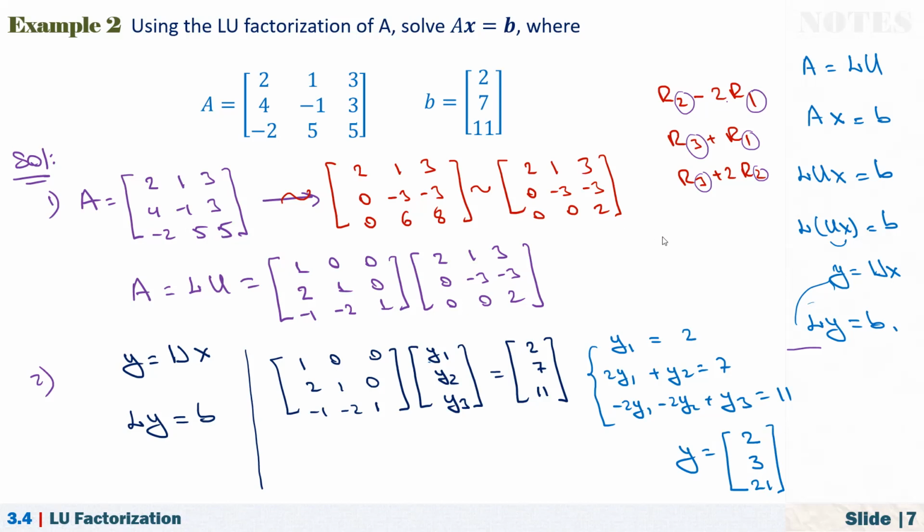Okay, let me check. Minus 1. All right, so this one, right? It is 2, and this should be just minus 1, minus y1. All right.